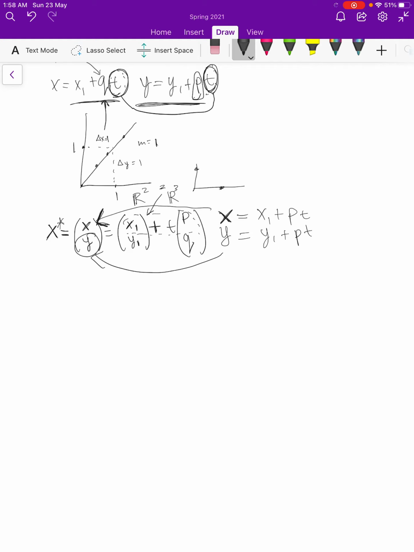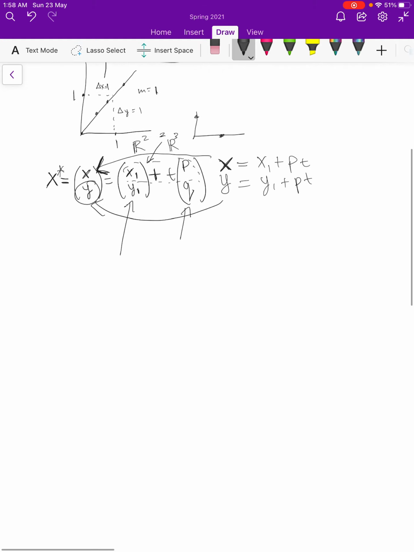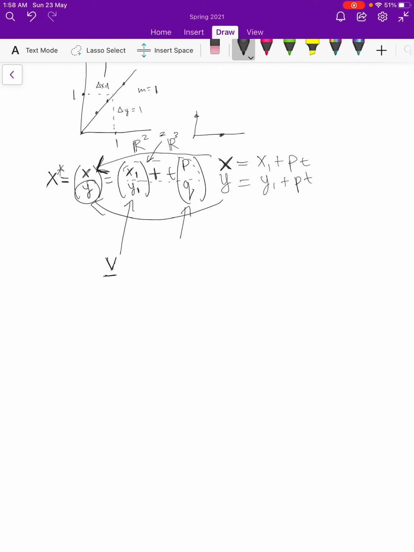Now, as you might notice, these two are now vectors, and they can have their own variable that defines them. So we can say this is vector v, this is vector w, and they're both in R2.